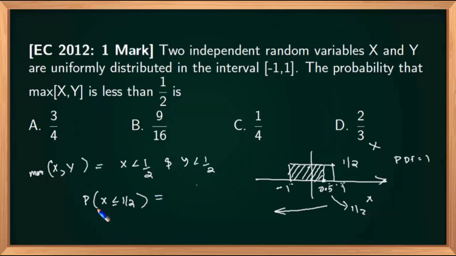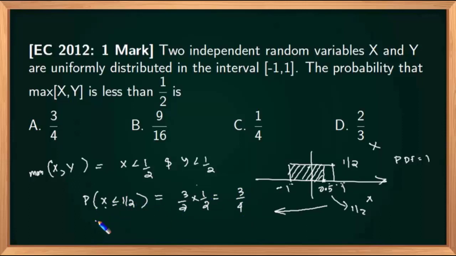So the probability that x will be less than or equal to 1/2 will be this length into this height. This length is 1 plus 0.5, which is 1.5, or 3/2. So 3/2 is the length and 1/2 is the width. So the probability that x takes a value less than or equal to half will be 3/4.